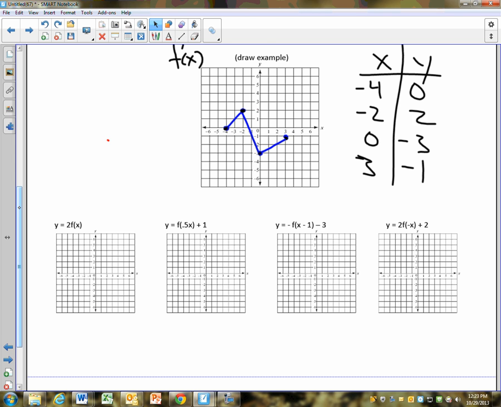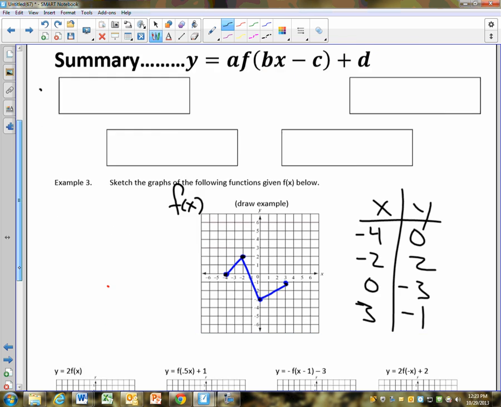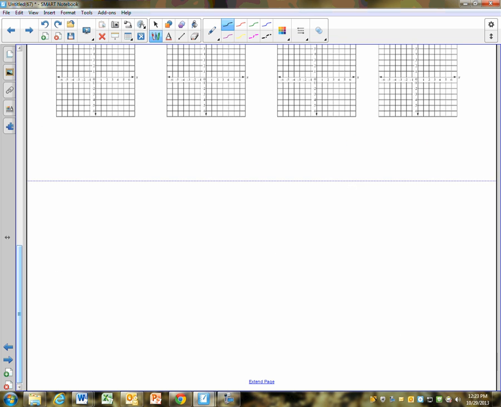So here's what I'm going to do. I'm going to make an xy table, and the x values are going to stay the same. So up there I had -4, -2, 0, and 3.